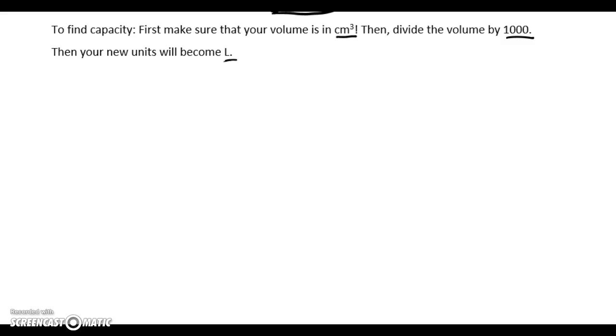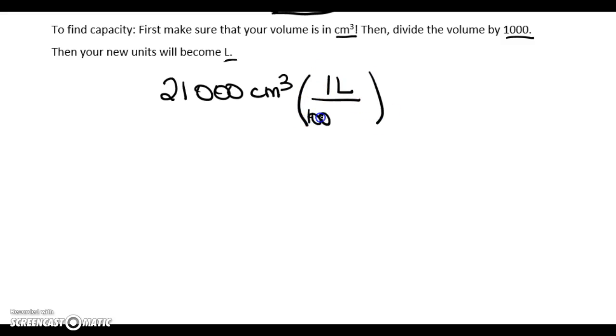And if you're asking where this comes from, how do you know to divide by 1,000? Well, we can just look at unit analysis. So let's work out an example. Suppose we had a volume of 21,000 centimeters cubed. Using that rate we had above, we know that there is 1 liter for every 1,000 centimeters cubed.